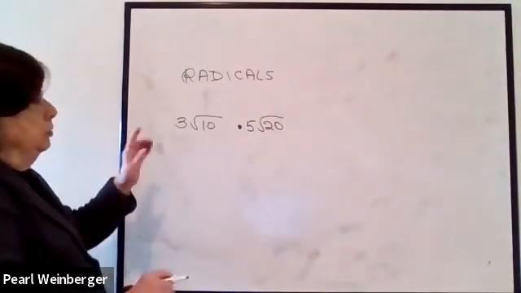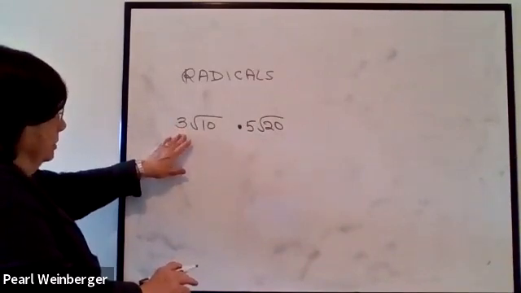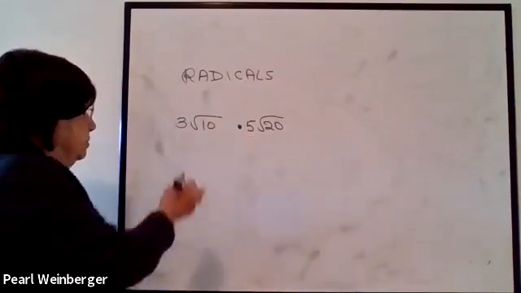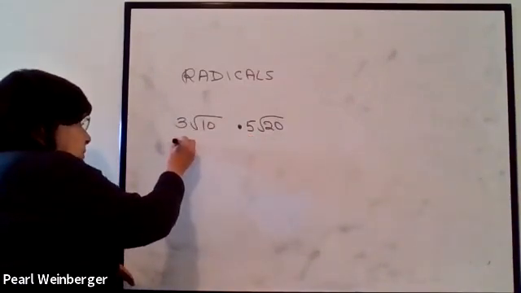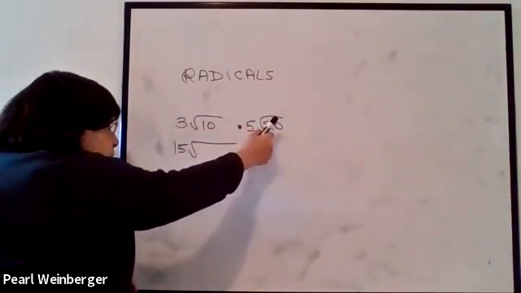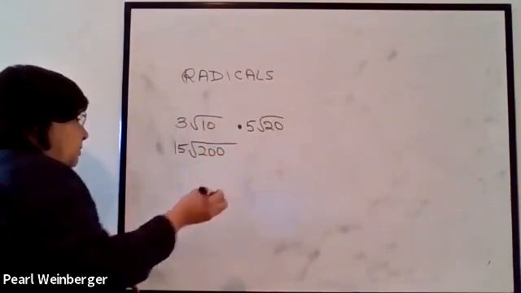And then the rule basically is take the numbers that are outside the radical and multiply them together. So multiply the 3 times the 5 and get 15. And then multiply the numbers inside the radicals, the 20 times the 10, those can be multiplied together.